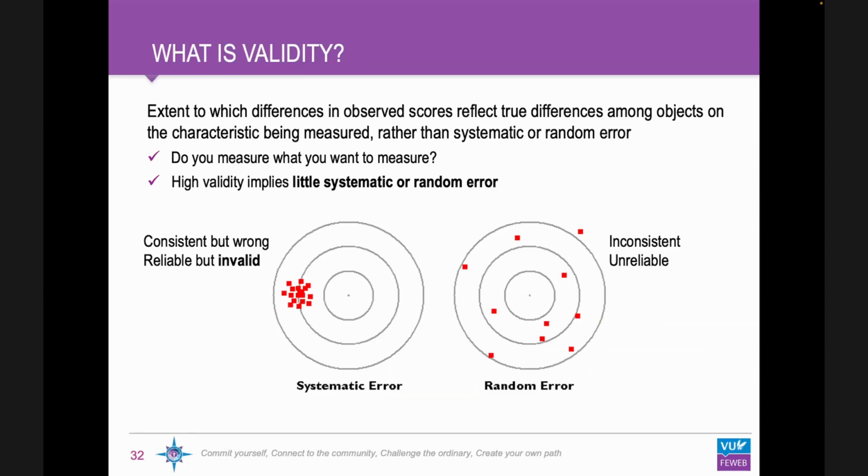So, the true value versus what I observe. If my measurement is valid, then I should be able to really distinguish the high scores from the low scores, like the people who are willing to pay for the environment versus people who are not.